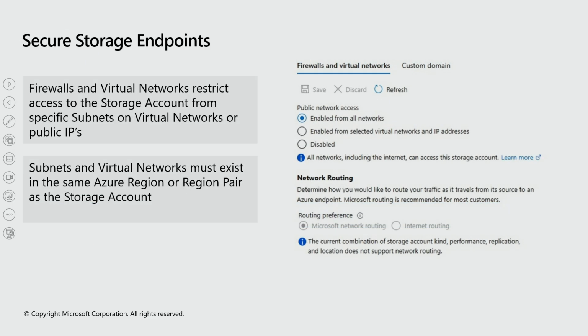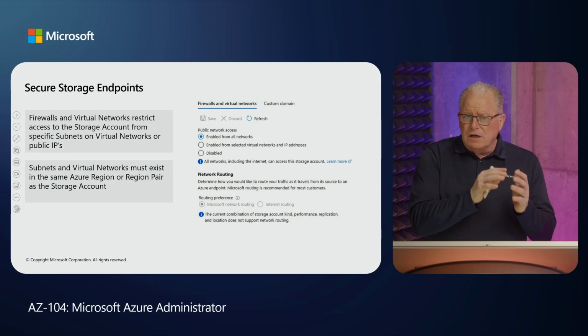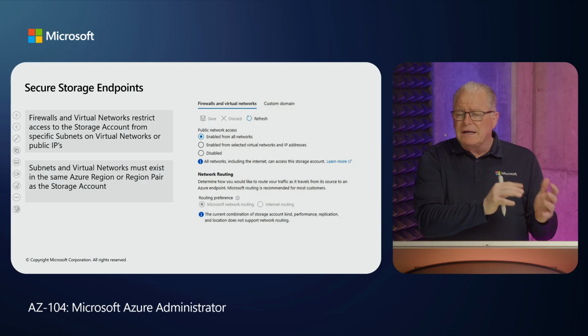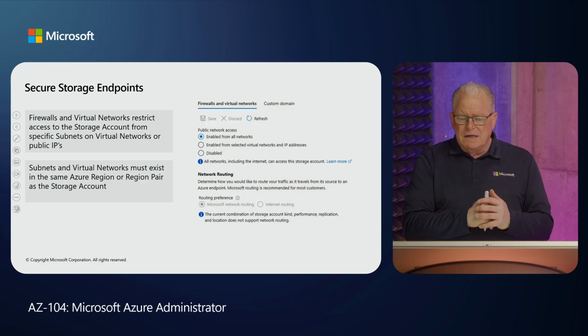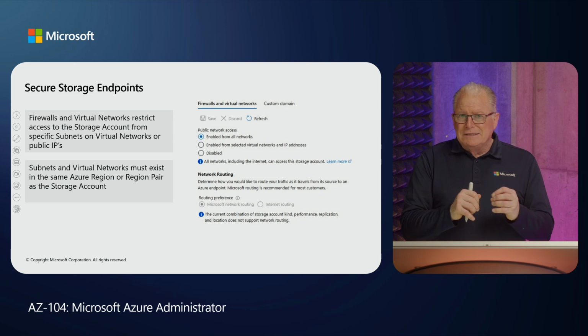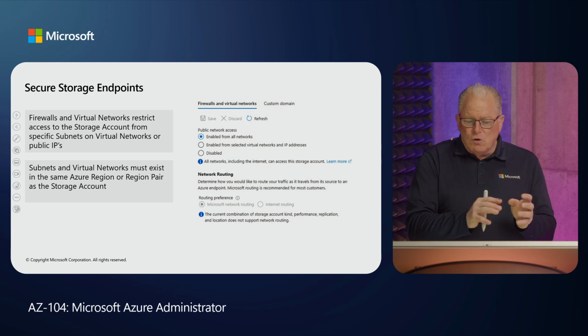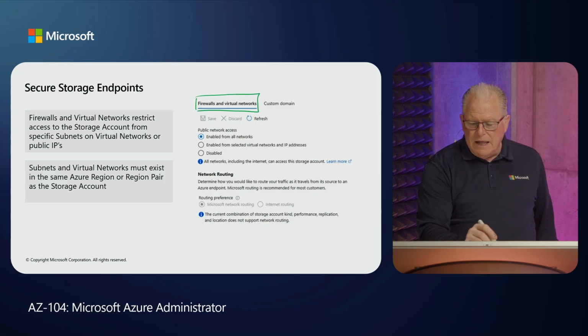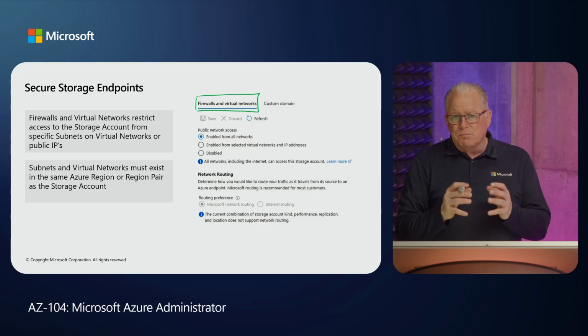In a networking module, we talked about this thing called service endpoints, where you could then connect a service like Azure Storage to a virtual network and its subnets that you're working with. That sounds an awful lot like storage endpoints. It's not. A storage endpoint is going to talk about how do I make my endpoint available and some of the network configurations that I can put on it.